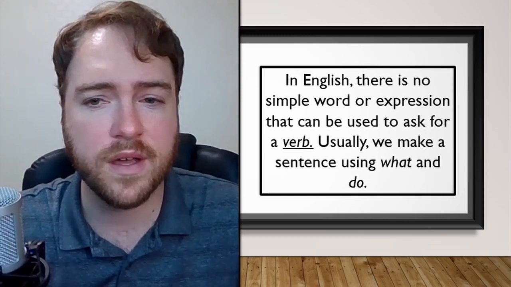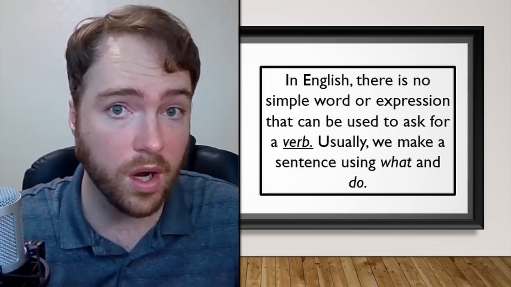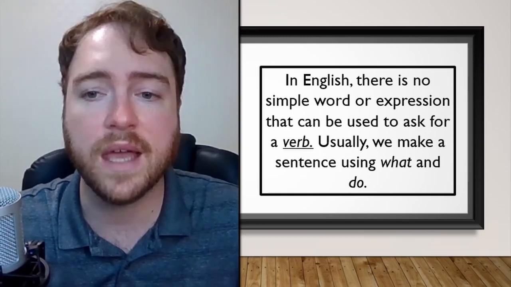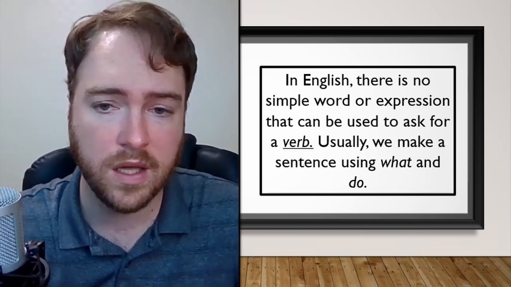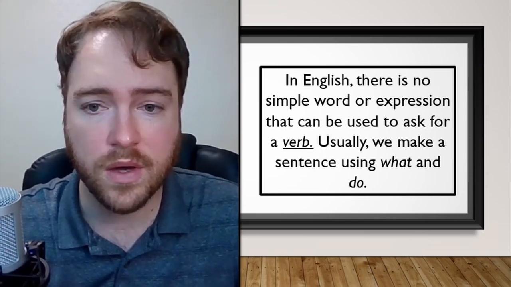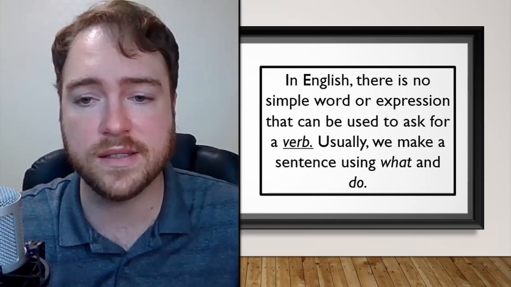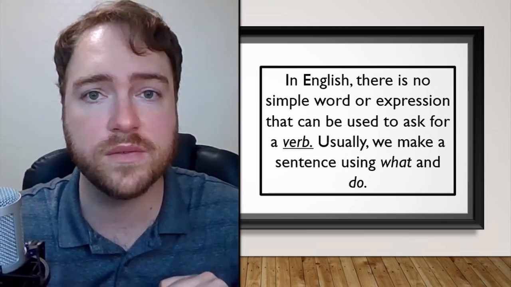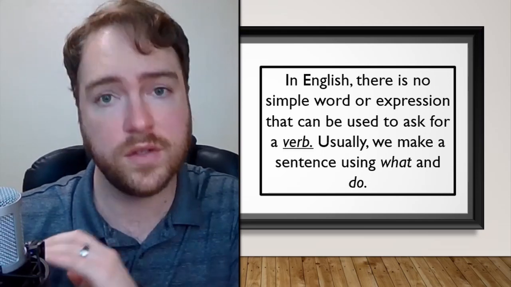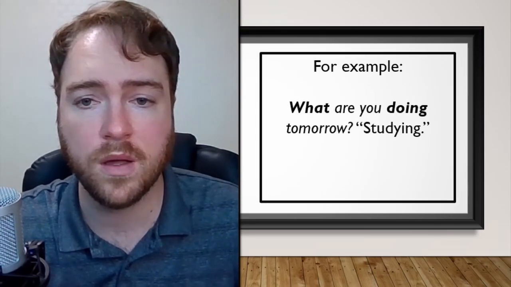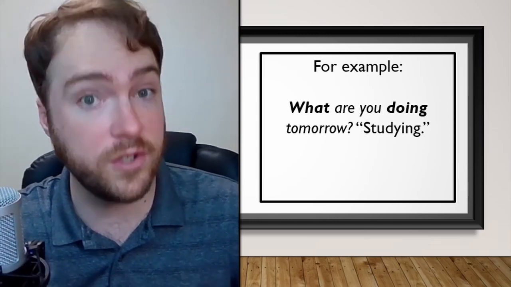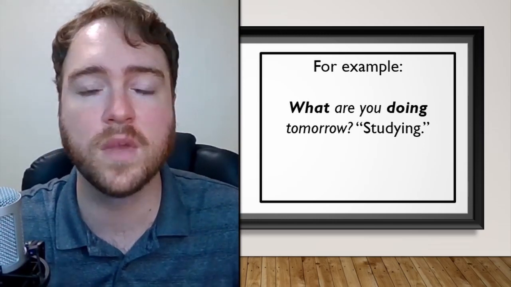In English, there is no simple word or expression that can be used to ask for a verb. Okay? So usually we make a sentence using 2 words, what and do. So, for example, what are you doing tomorrow?